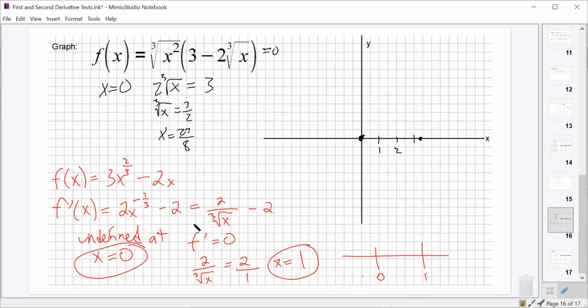Yes, Mr. Bachelor, if I cube root a negative, it is a negative. And then when I do 2 divided by that negative, it's still negative. And when I subtract 2, it's still negative. So decreasing. If I plug in something between 0 and 1, like let's say a half, or let's say something easier to cube root, like an eighth. What's the cube root of an eighth?